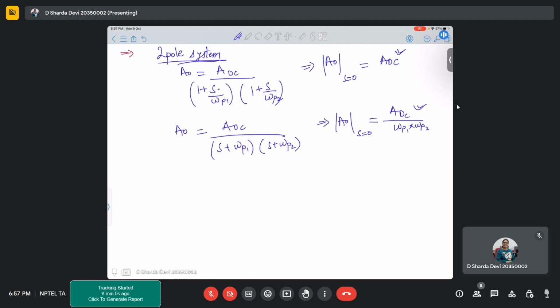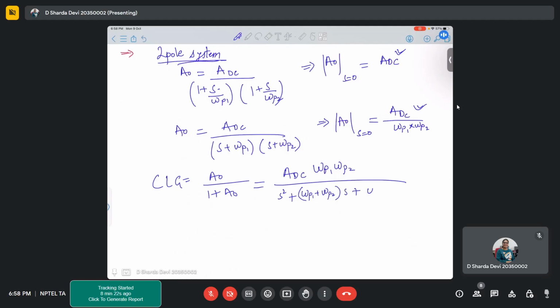Now, since this is an open loop gain, for the closed loop gain, in the worst case scenario, it will be A naught upon 1 plus A naught. So it is ADC omega P1 omega P2 upon S square plus (omega P1 plus omega P2) S plus omega P1 omega P2 times (ADC plus 1).